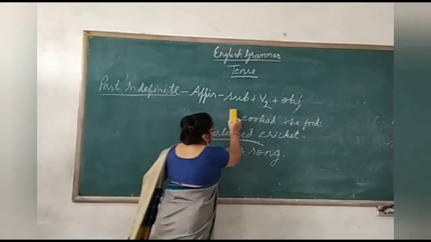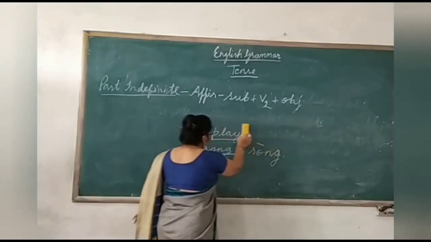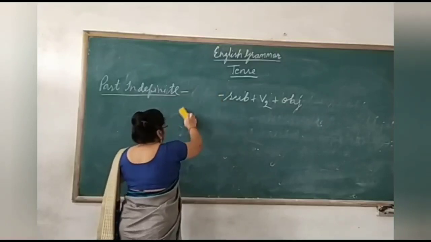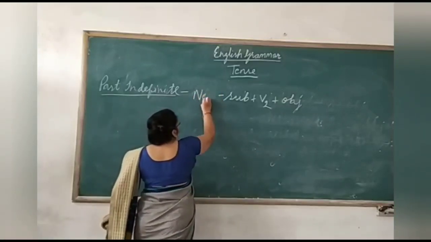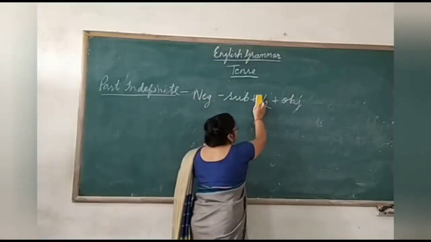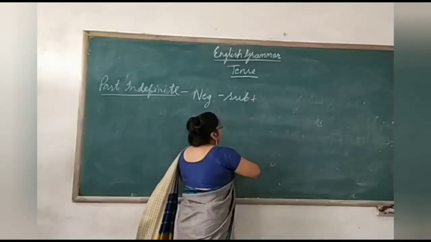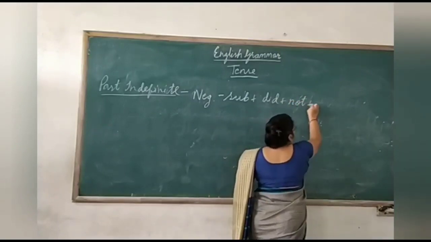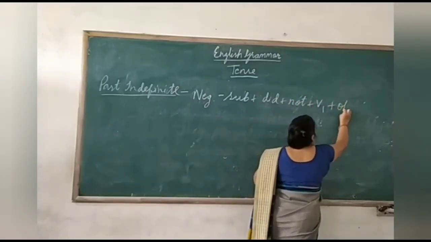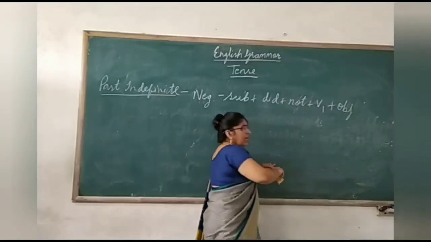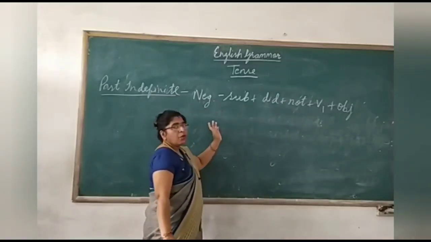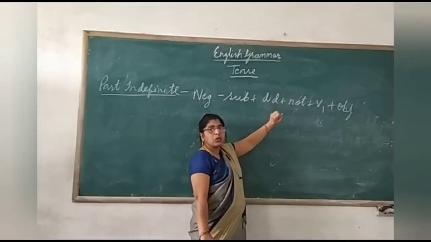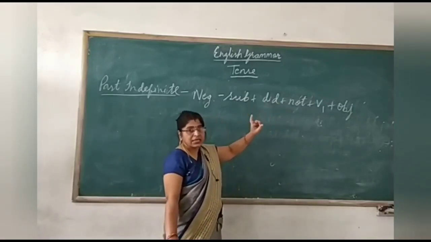Now let's see the negative structure of this tense. Negative structure is easy. See here, subject and after that you take the helping verb "did", then not, then V1, then object. In the case of present indefinite, we had two helping verbs, do and does.